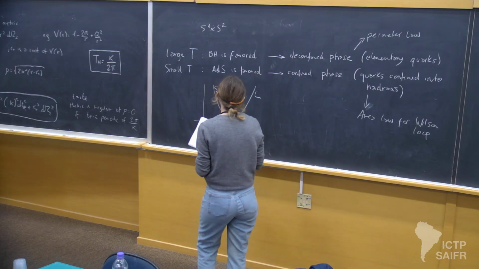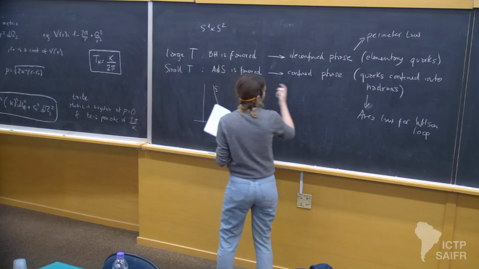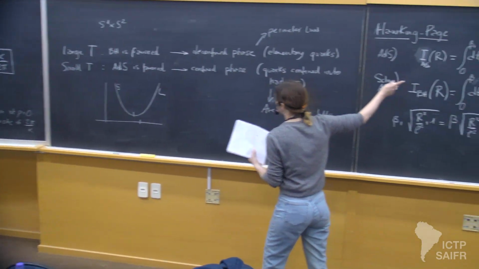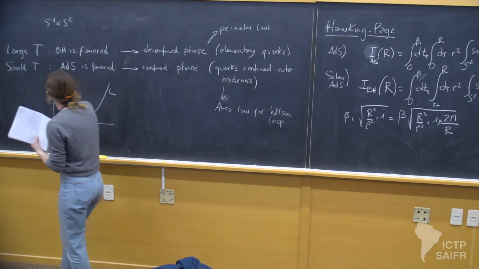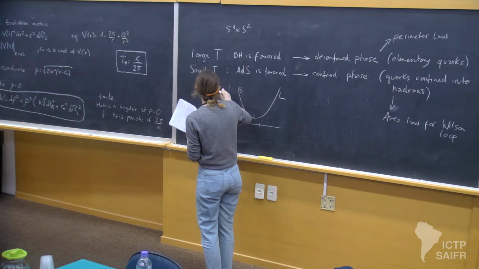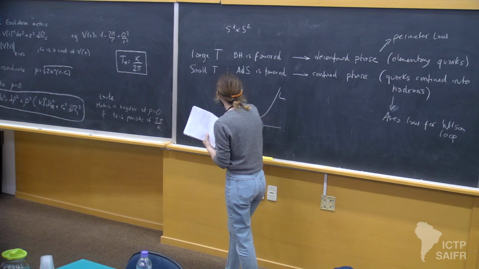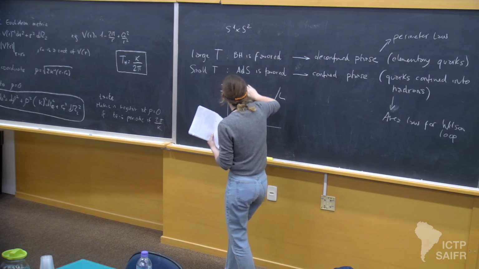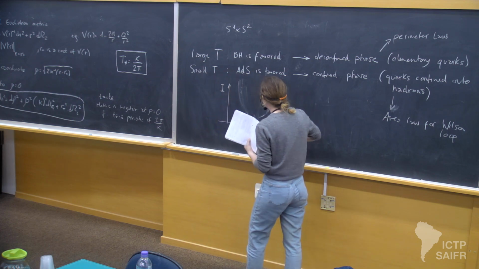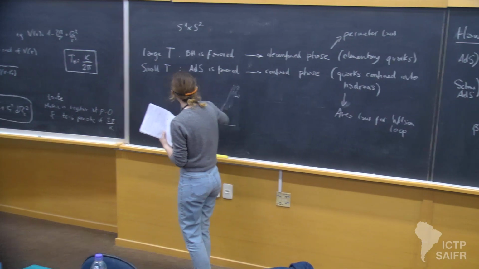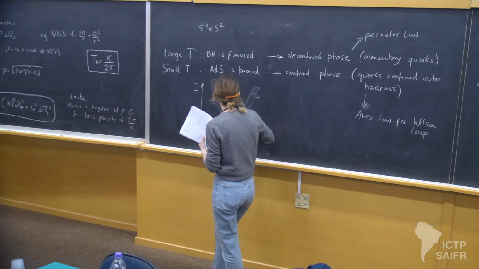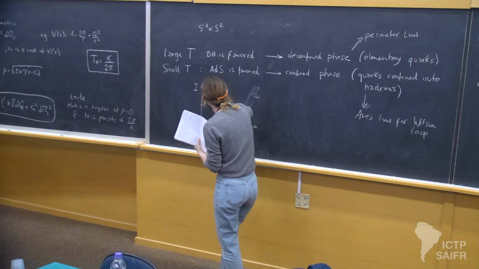The better plot would be to compute, given the potential that I wrote here, something like this. This is temperature versus area. If I plot the free energy versus the free energy of the black hole, it will be something like the one that I showed you before.